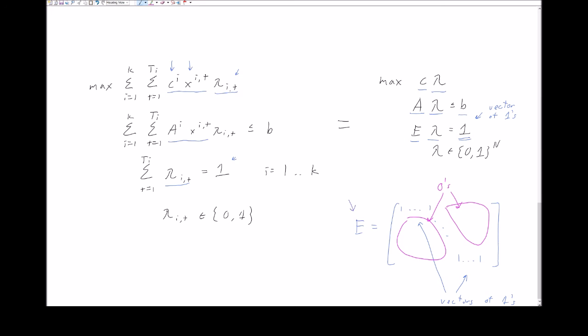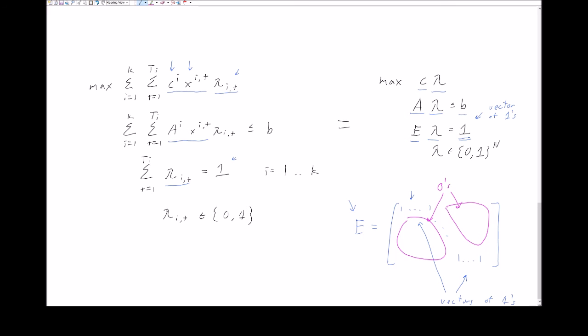This new matrix E is going to be something like an identity matrix, except we think of it as a block diagonal matrix. In each one of these blocks, we have a vector of 1s. There's a number of 1s equal to the number of variables, or the number of lambdas, which is equal to the number of feasible points in Xi.